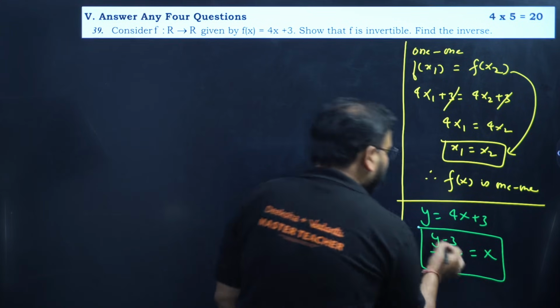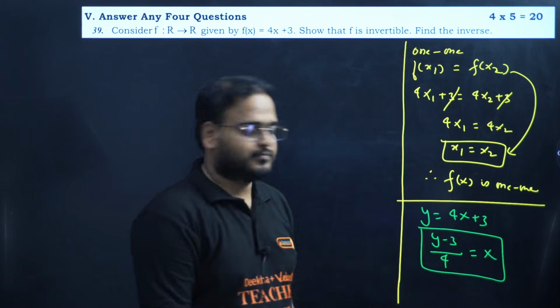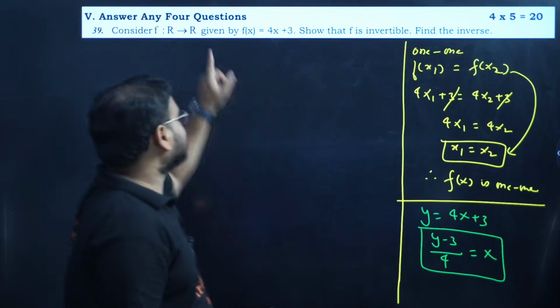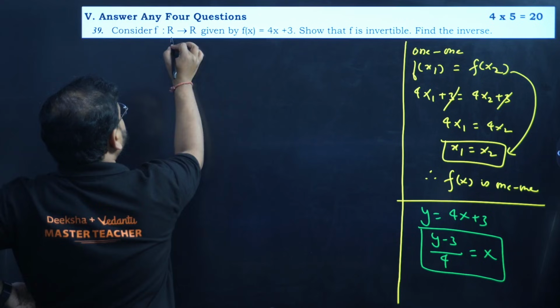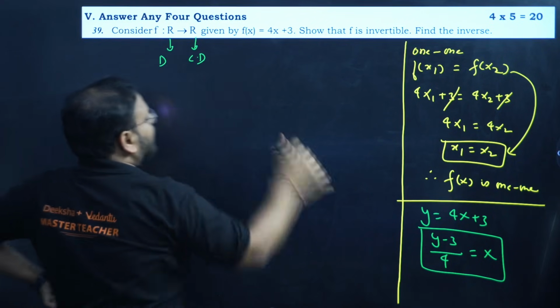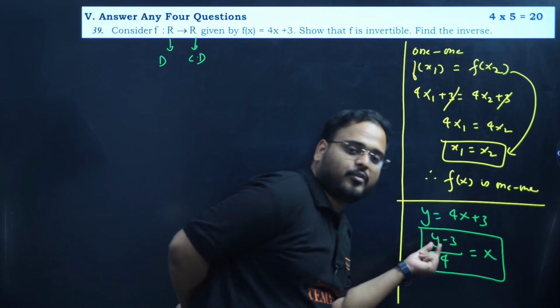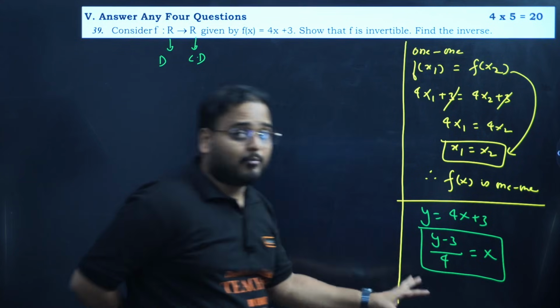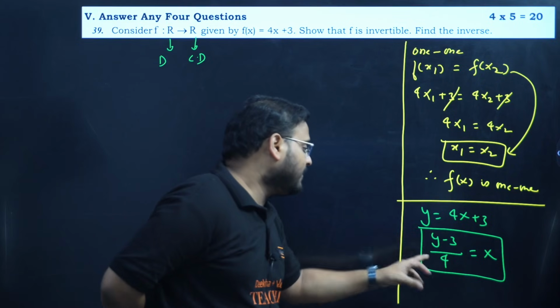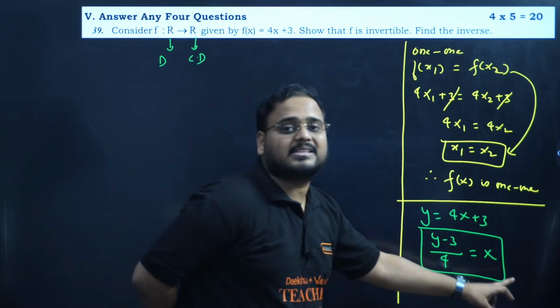Now find the value of y for which this is always true. For what value of y, x will be a real number. What is x, sir? Check here, domain. This part here is domain and this part here is codomain. I'm not asking you to take y as codomain. If you take any value of y, for what value of y will I get x as a real number?